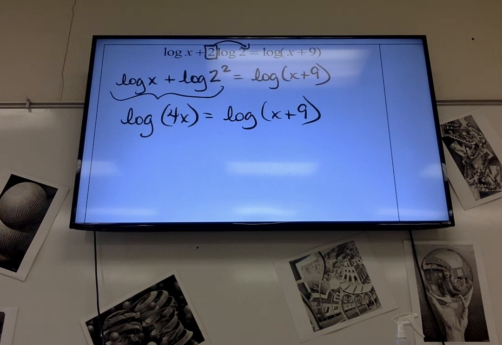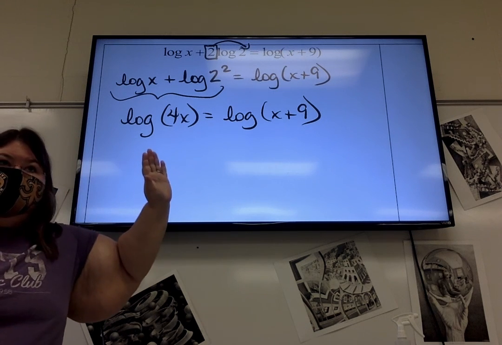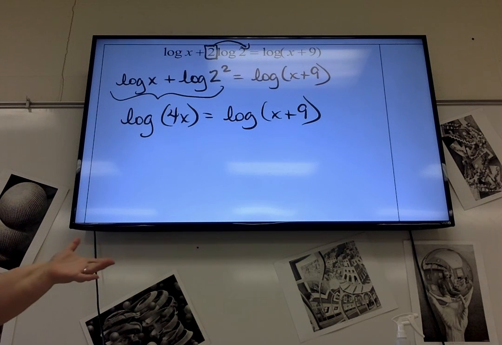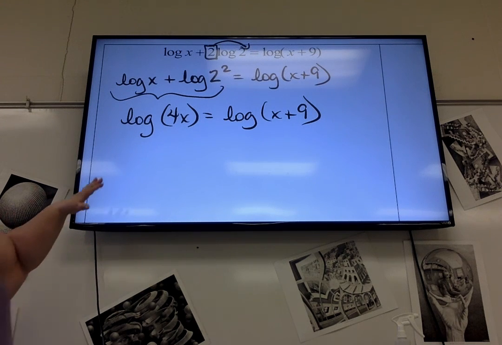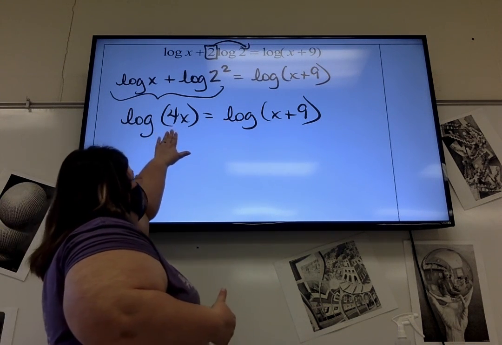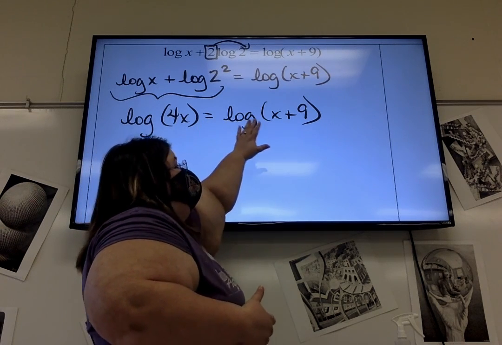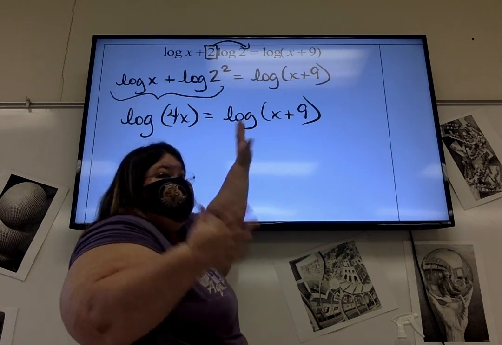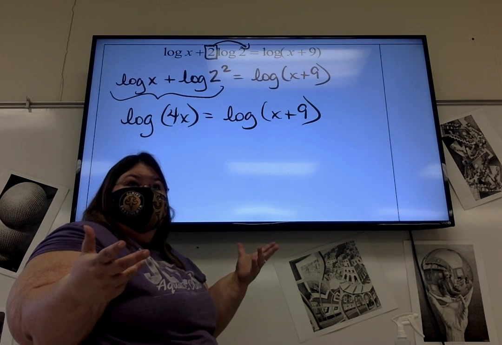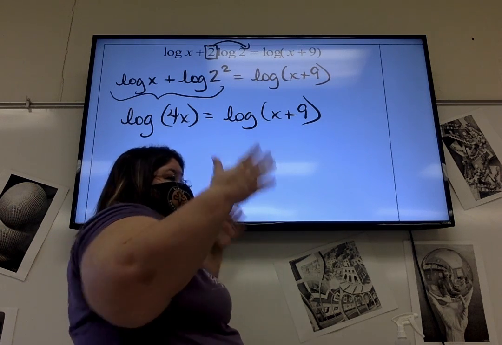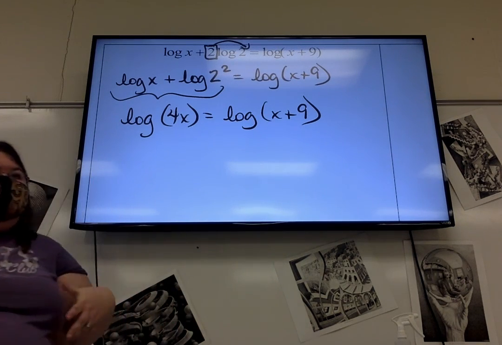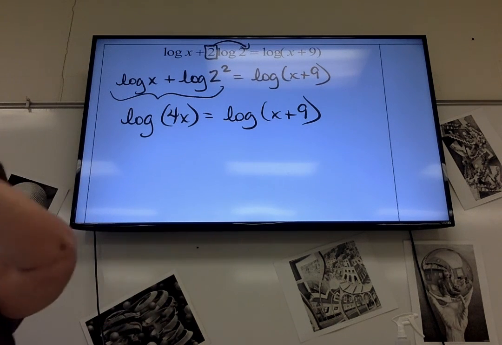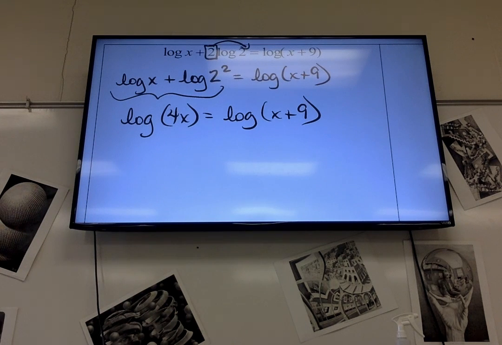You cannot say, oh, these logs cancel out, because they don't. But what we can say is, since you're taking the log of a number and it's equal to the log of a number, those 2 numbers have to be equal to each other. So logs don't cancel, but because the logs of certain arguments are equal, those arguments have to be equal. So 4x equals x plus 9.